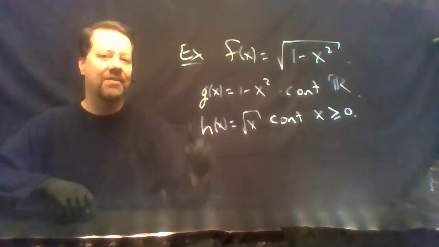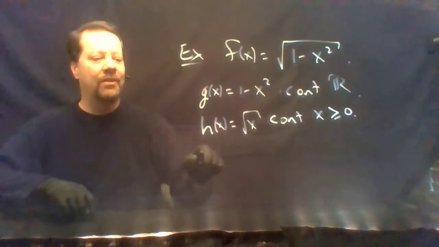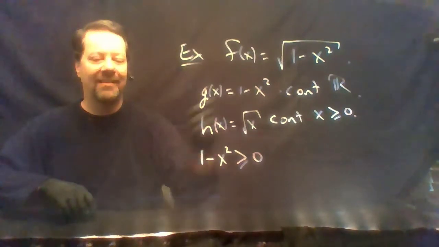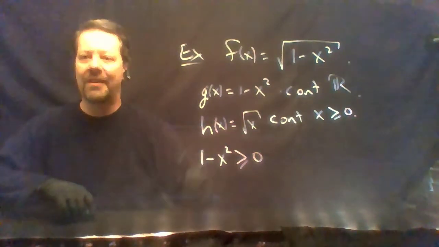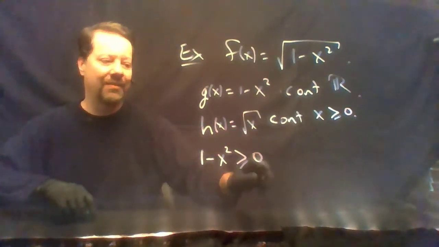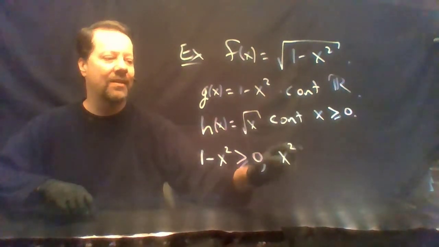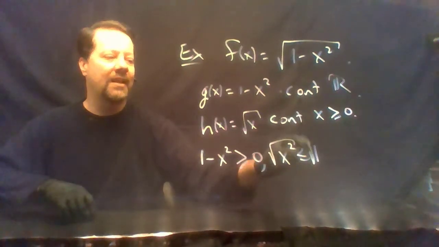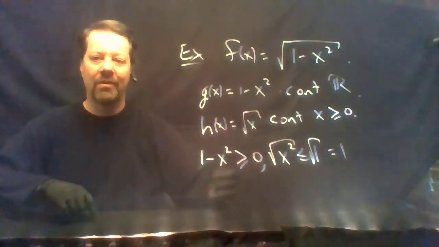That means to find the points of continuity, we have to ensure that 1 minus x squared is in the domain of the square root function. So where does that give you? That gives you x squared is less than or equal to 1. If you take the square root on both sides, the square root of 1 is 1.